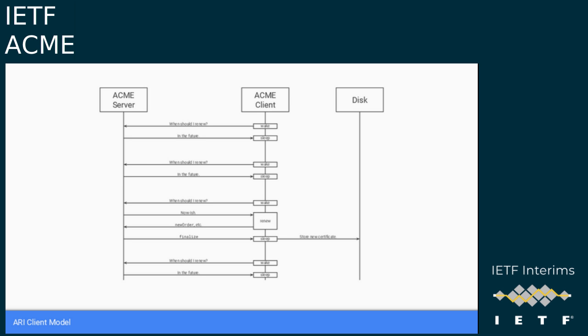And the client says, that's not right now, and goes back to sleep, exactly like it would when it inspects the local certificate. Wake up, ask the server, go to sleep. Wake up, ask the server, finally the server says, yeah, you should renew now-ish. Goes through the renewal flow, stores the certificate on disk. So overall, the client flow is not that different from what most clients do today. Next slide.